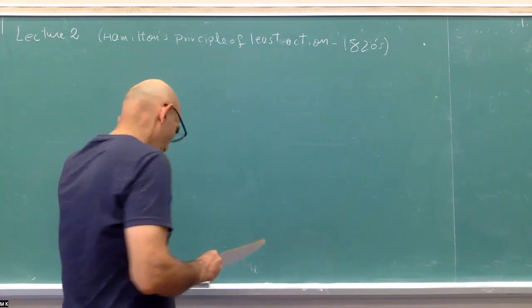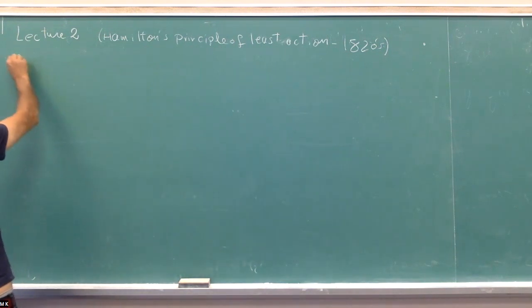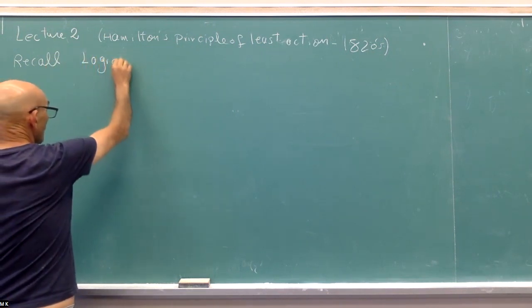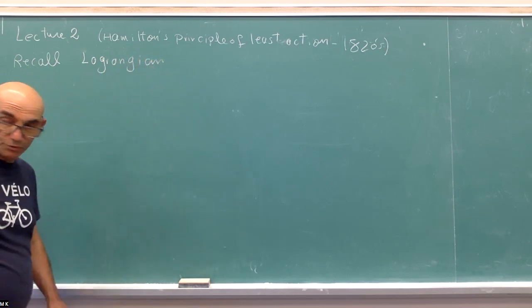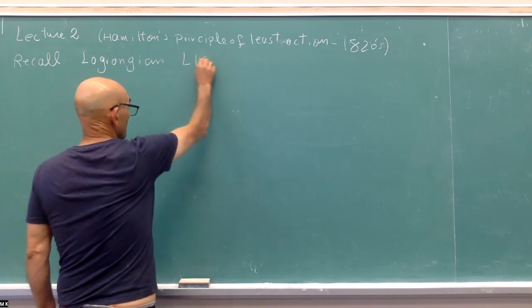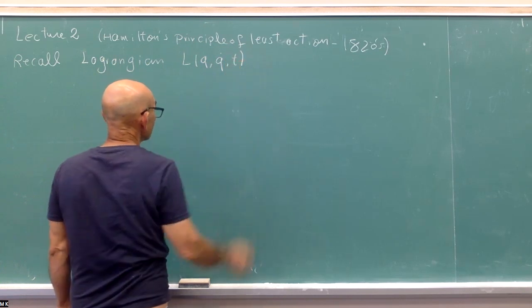So let's recall what we did last time. We had this Lagrangian, basically the Lagrangian approach to mechanics. So you start with the Lagrangian, which in general is a function of q, q dot, t.